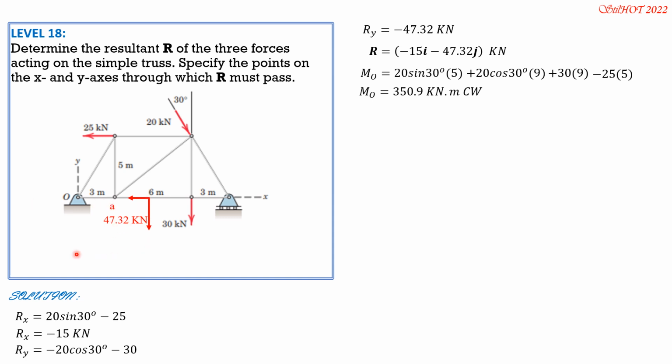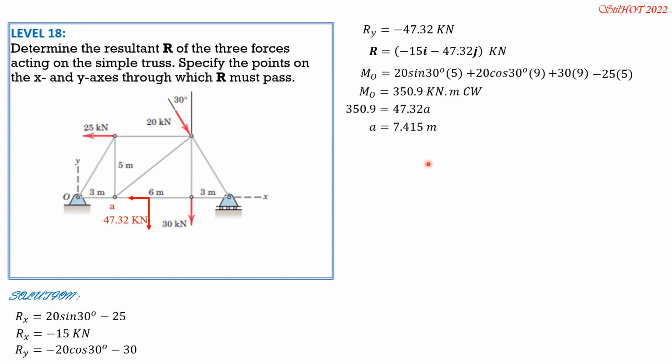So its moment is 47.32 times A, clockwise, equals 350.9. Because the moment of the resultant is also the sum of the moments of its components. Since the moment of the components about O is 47.32 times A, then that should be equated to 350.9.